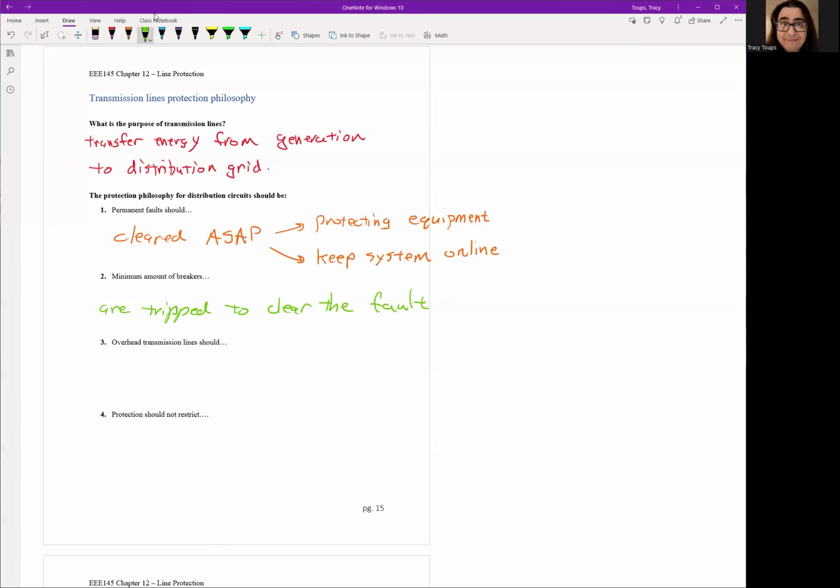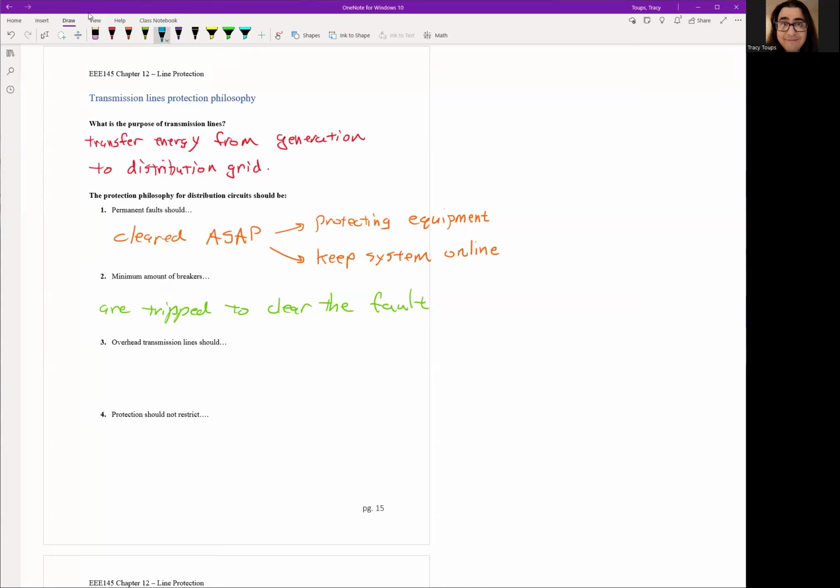So if something goes wrong, naturally, we want to disturb the system as little as possible when that disturbance happens. So when a fault happens, only trip the minimum breakers to just take that one section of the fault out. Don't take extra lines out or a couple of substations for one fault, because you could destabilize the whole entire power grid. So minimum breakers are tripped to clear the fault.